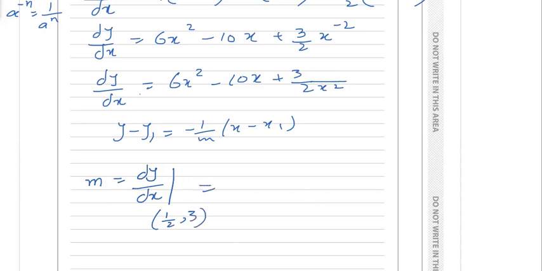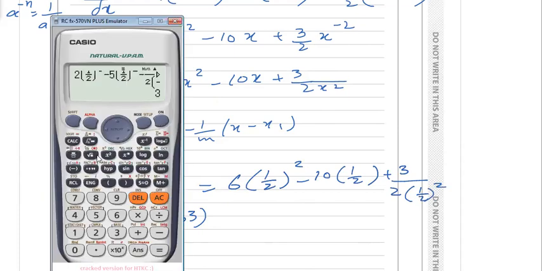In the derivative, in place of x, I will put 1/2, because the whole expression is in the form of x only. So we'll get 6 into (1/2) squared minus 10 into 1/2 plus 3/2 into (1/2) squared. Let's use the calculator again for this calculation.